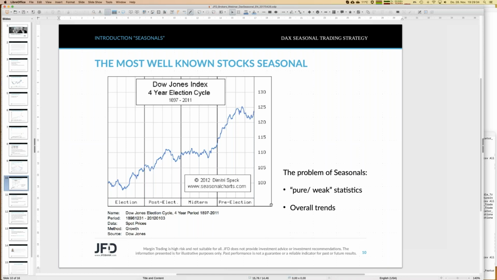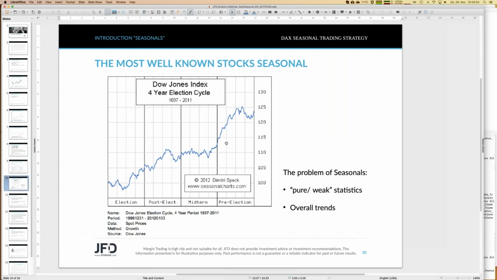And then we have another problem, especially when it comes here to charts like the one we have here right now in front of us. We have an overall trend. Everybody knows that during the last 120 years, the Dow Jones went north. Okay, we have huge drawdowns within that long-term chart, but anyhow, it went north.